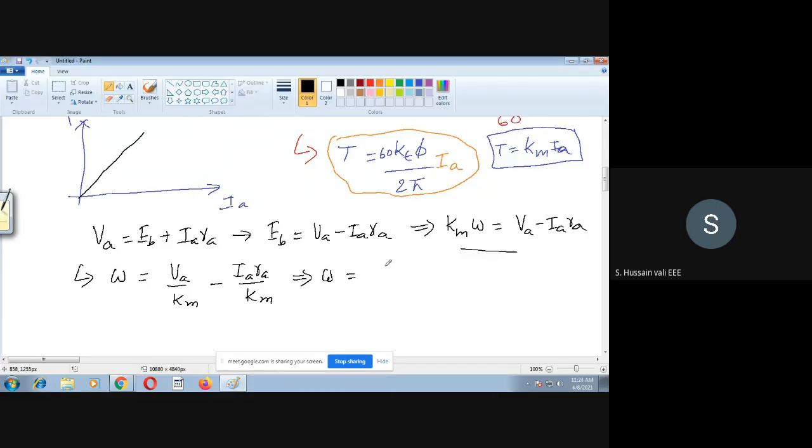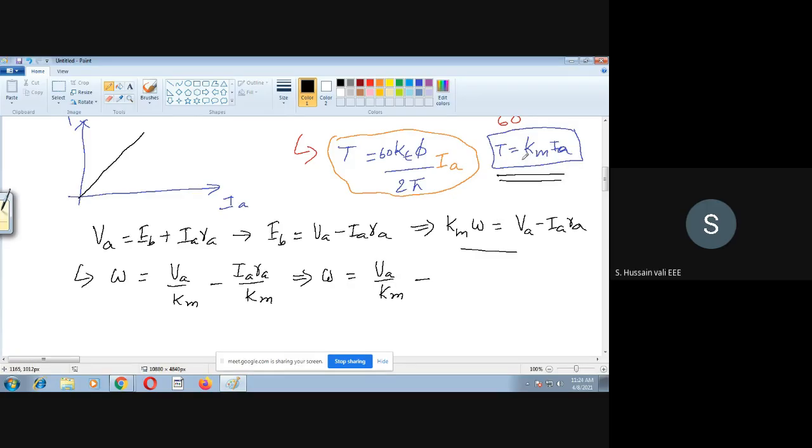Then we will further simplify this. Omega is equal to VA by Km minus... Now if you look at the equation T is equal to Km into Ia, the torque in the separately excited DC motor, we got one equation here.